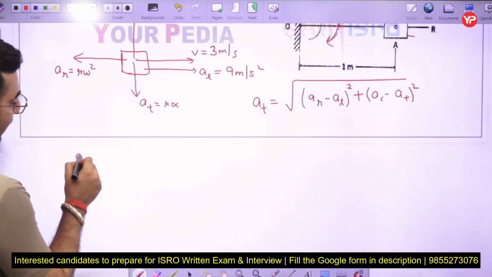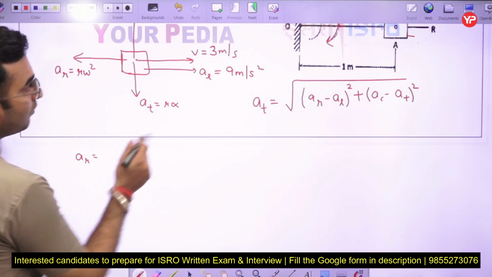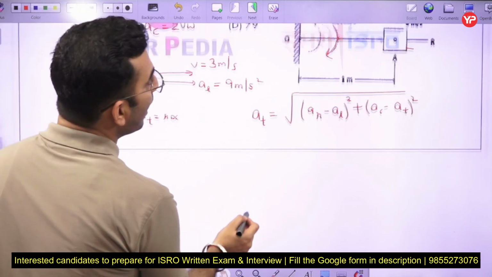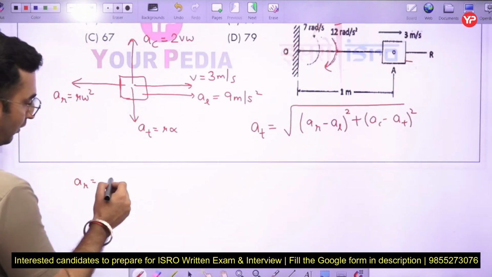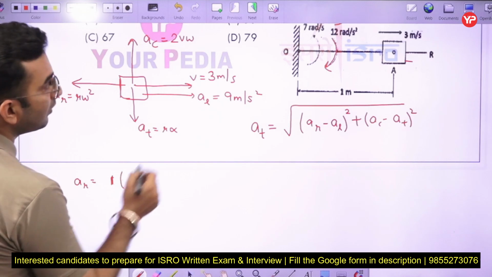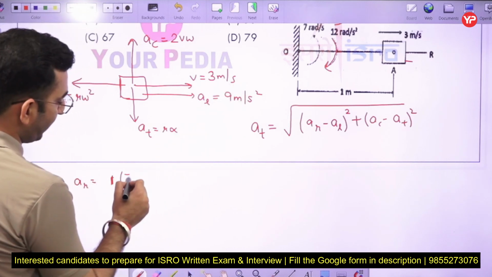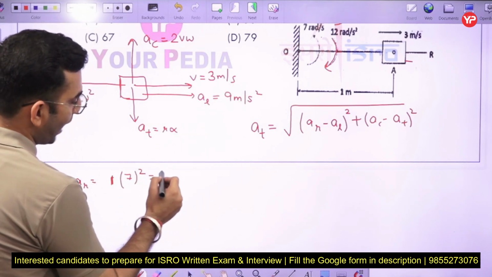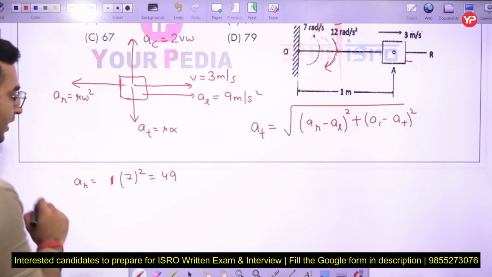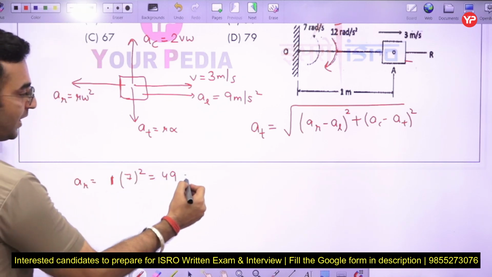So first of all, the radial acceleration is going to be equal to, in this question r is given to us as 1, omega is given to us as 7 radian per second. So I can write the radial acceleration is going to be equal to 49 meter per second square.